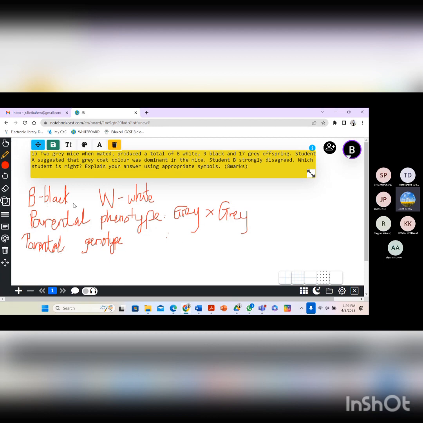So what symbol are we going to use to illustrate gray? What are we going to put here? And remember, two alleles form the gene. So what are the two alleles you are going to use to illustrate gray?